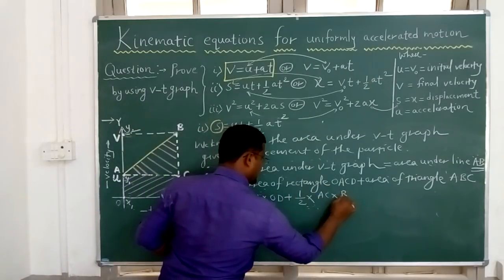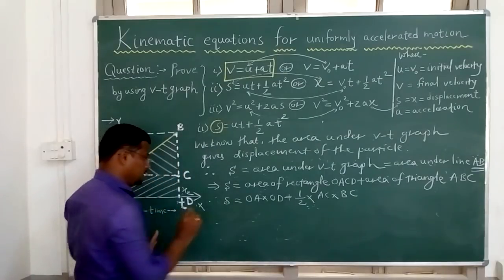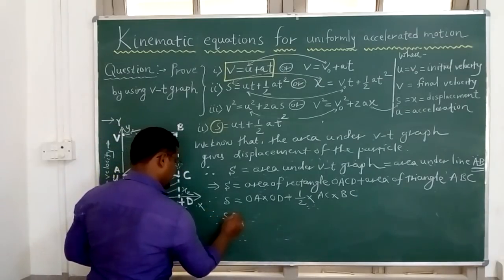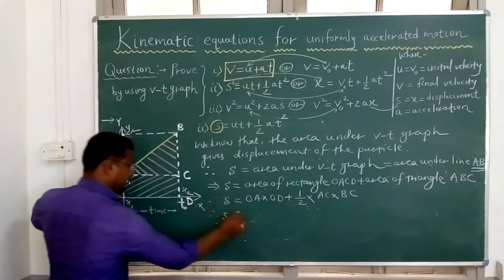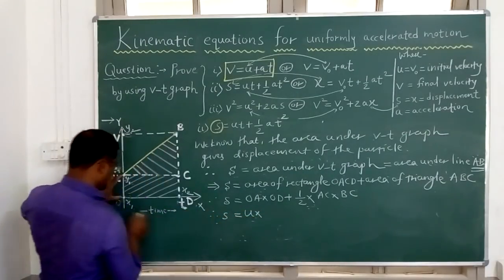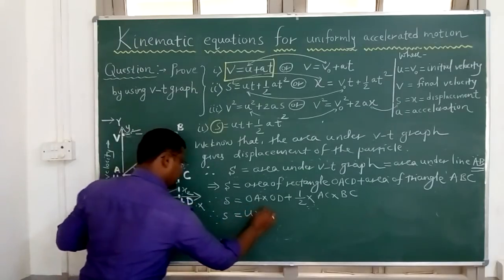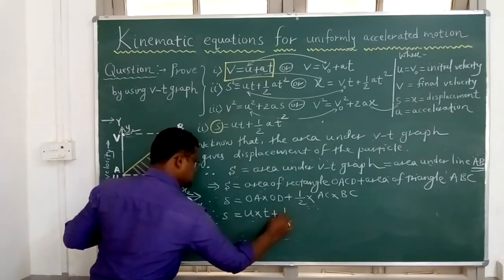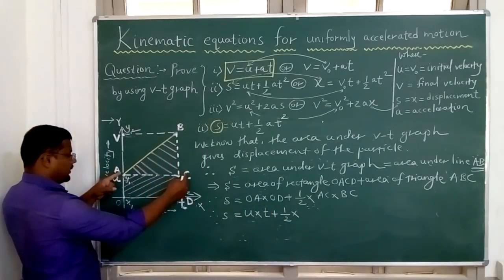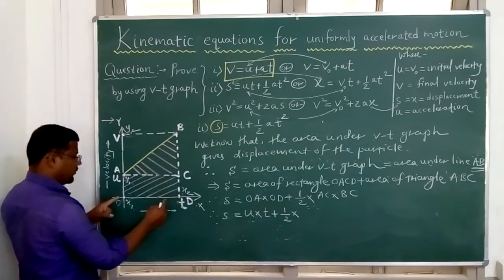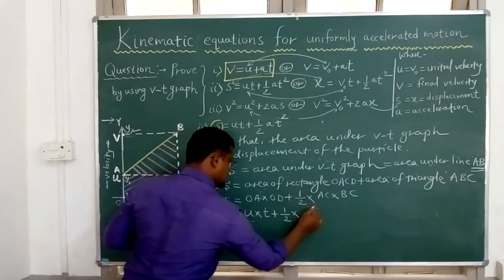So I am writing this as it is. Now s is equal to OA. What is OA? Initial velocity, I will write it as u, into OD. What is OD? OD is nothing but t here, plus half into AC. AC is nothing but OD, and OD is nothing but t. So I am writing this AC as t only, into BC.